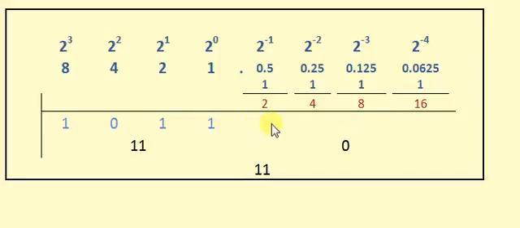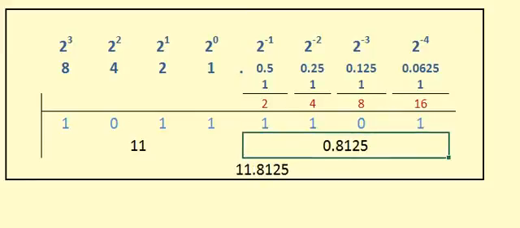Now what happens for the binary fractions? We do exactly the same. If I put a 1 in this column here, that means it's a half. If I add to it a quarter, I add them up, 0.5 and 0.25. I don't want any 8ths, I'll have a 16th though.